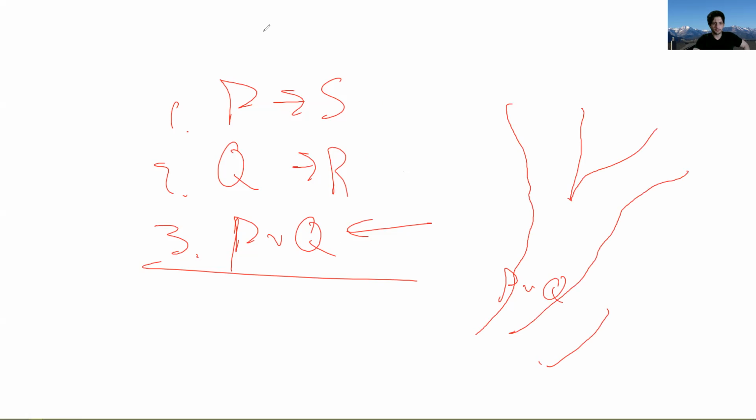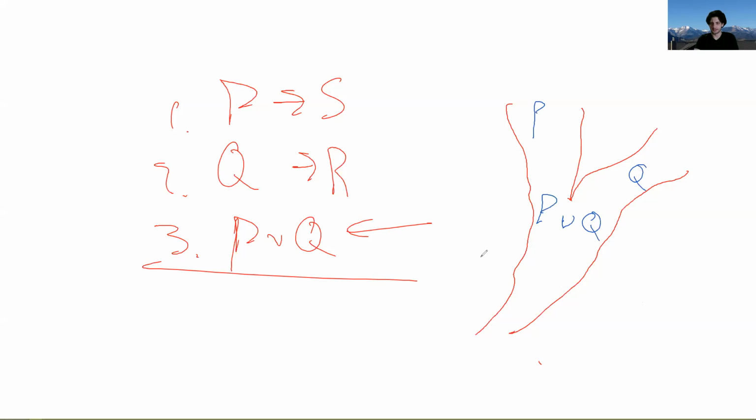So this is P or Q right here, this would be going the Q route, this would be going the P route.